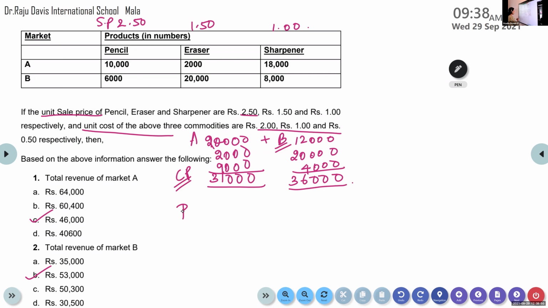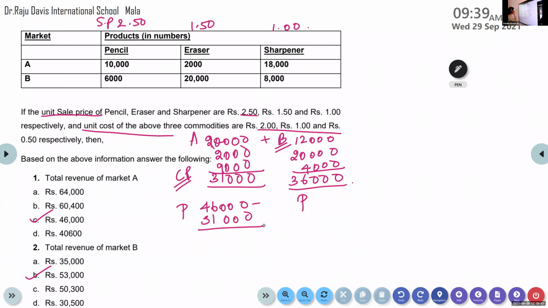Now find out the profit for A and the profit for B. How to find profit? Selling price minus cost price. So the selling price here is 46,000, minus 31,000.